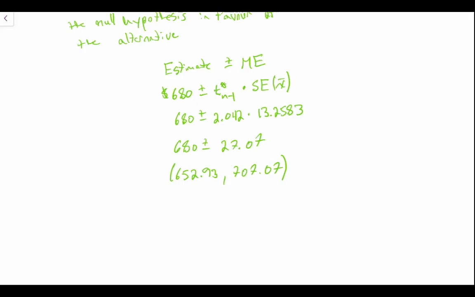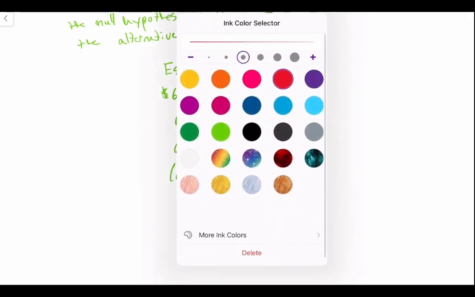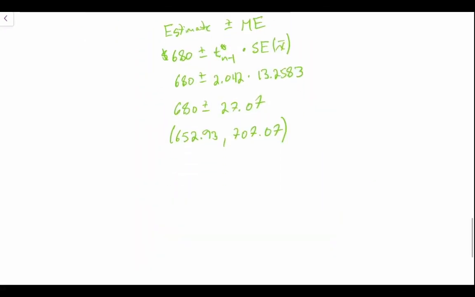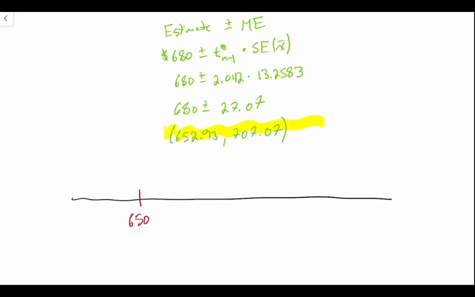So sometimes it's easier just to visualize this so that we can draw kind of just a rough number line here. So if our historical mean was $650, what we are saying effectively by this confidence interval right here is that we are 95% certain that our true estimate will be somewhere between 652.93 and 707.07.